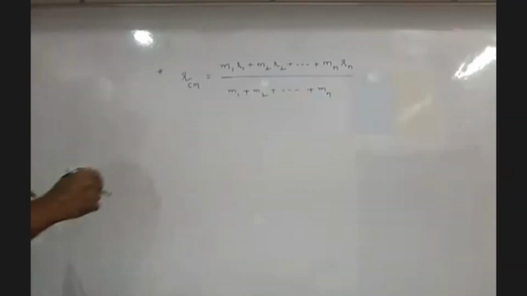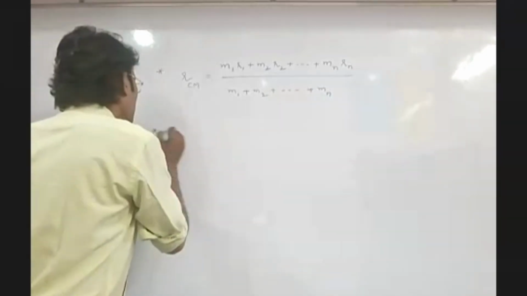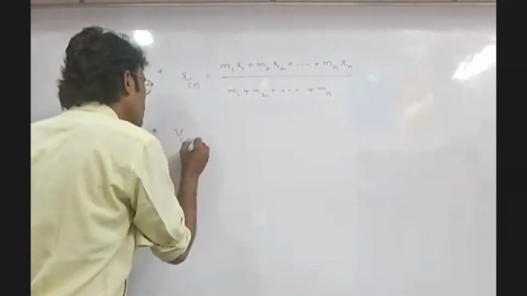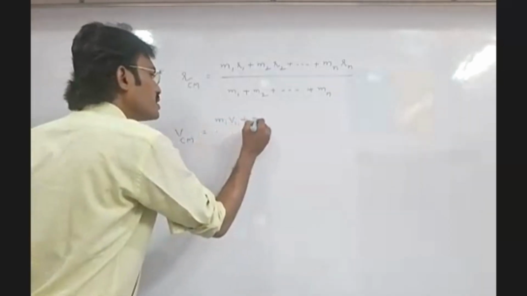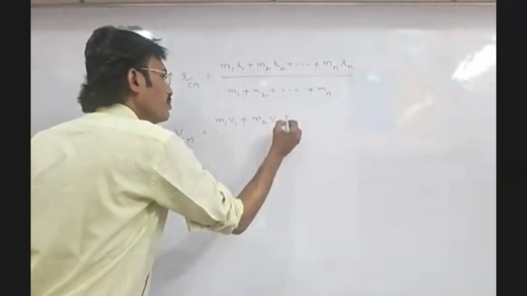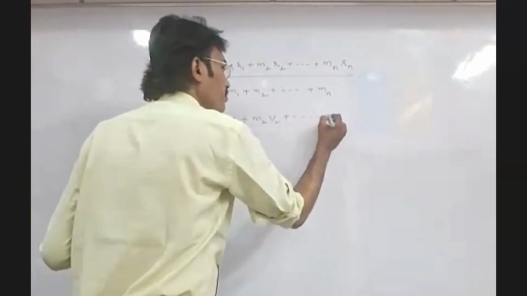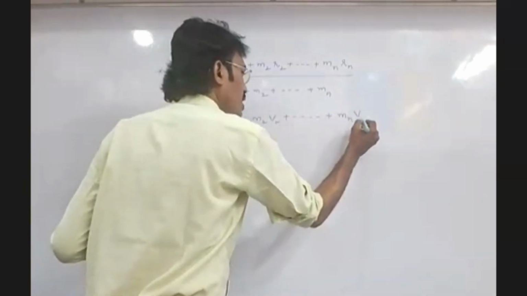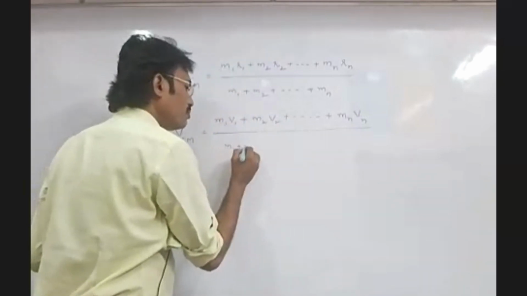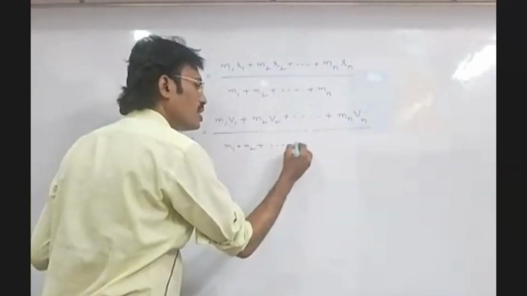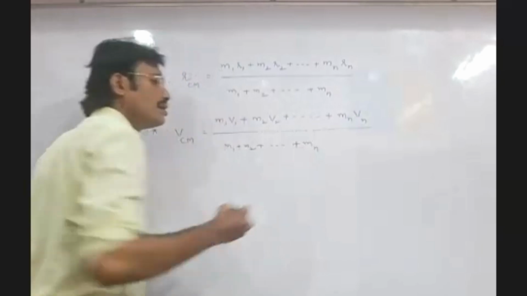In the same way, if you want to take the velocity of center of mass, Vcm is equal to M1 V1 plus M2 V2 plus and so on plus Mn Vn by M1 plus M2 plus and so on plus Mn.